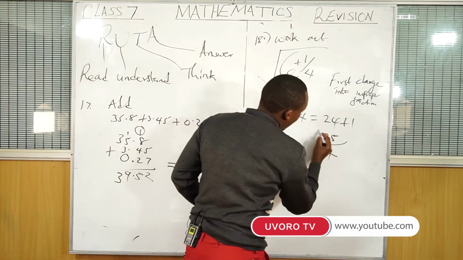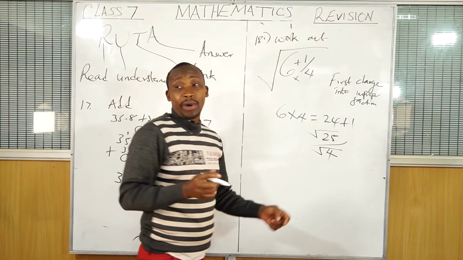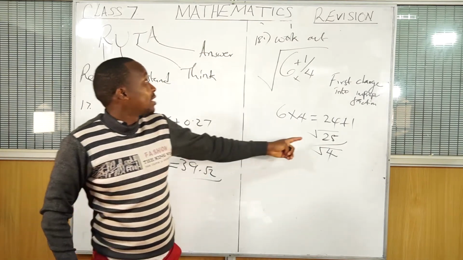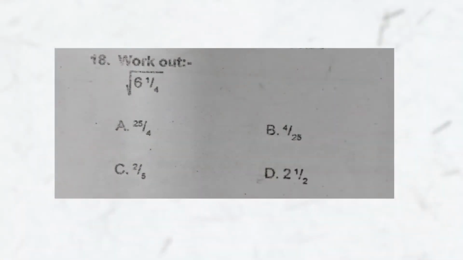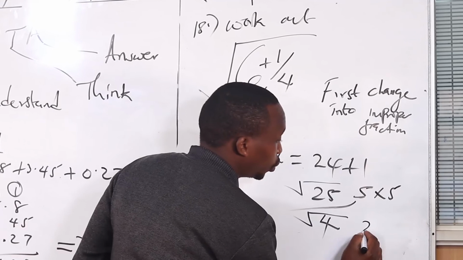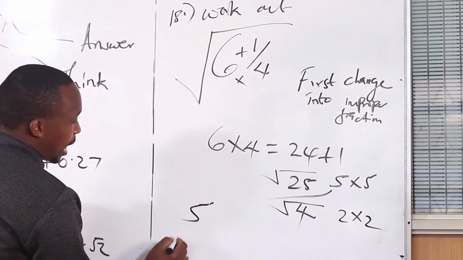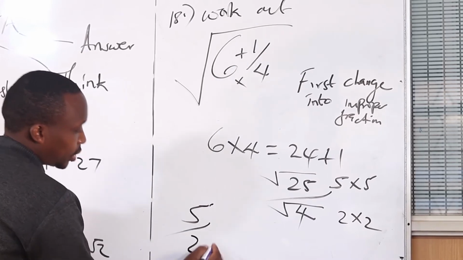So you put a root sign there and another sign there. Which number, when multiplied by itself, gives us 25? 5 times 5. Which number, when multiplied by itself, gives us 4? 2 times 2. You just pick 5, and on the lower side, 2.